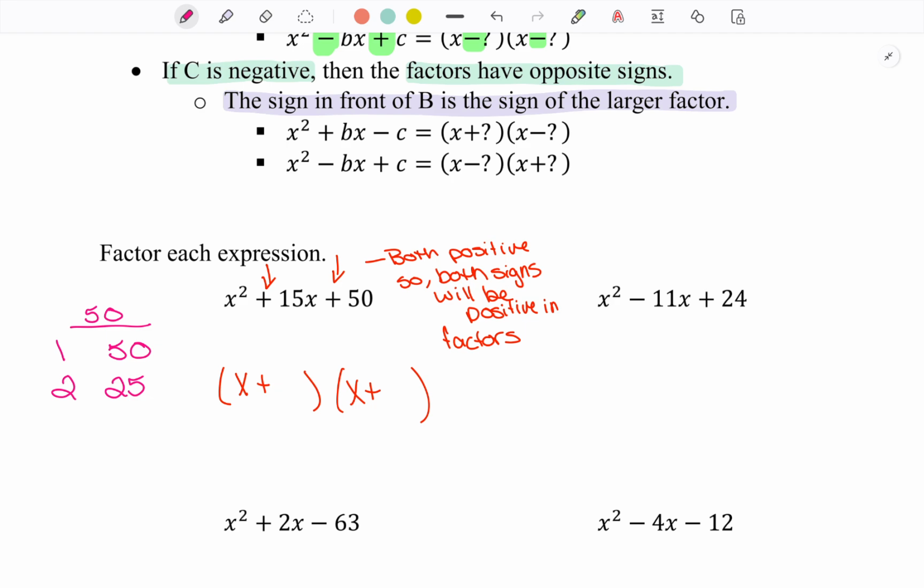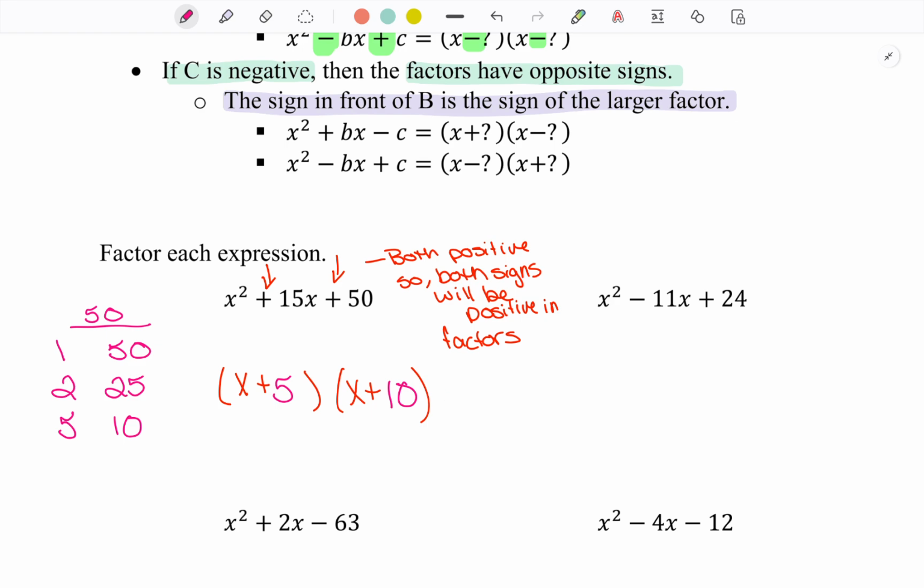And so that's also not going to work. So then, we can't divide evenly by 3 or 4, but we can by 5, and that leaves us with 10. And 5 plus 10 is 15. So that's going to be our winner here. So x plus 5 and x plus 10 are our factors.